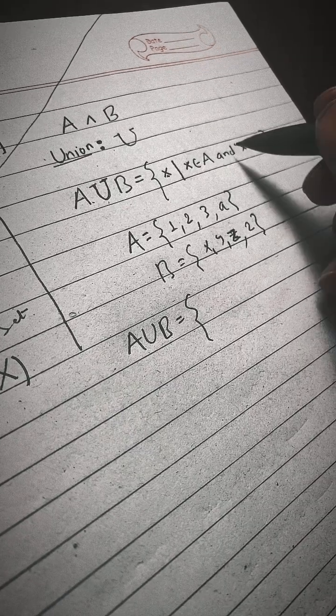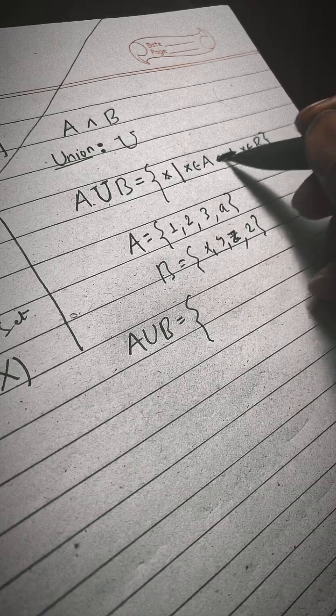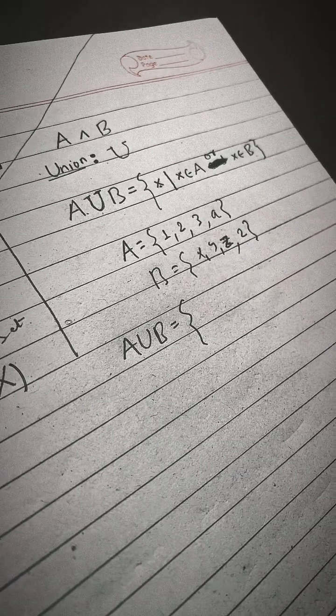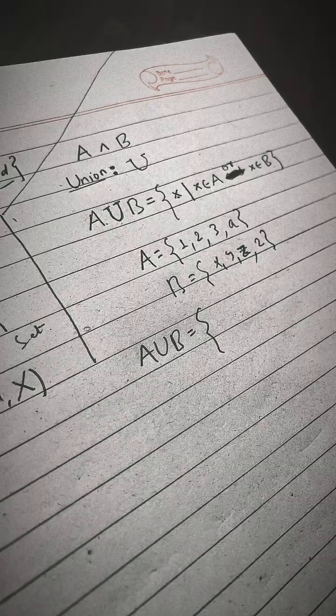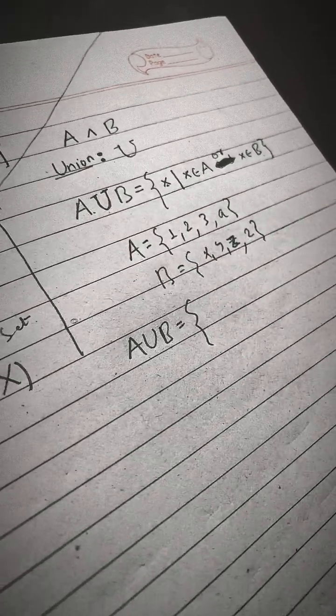Oh, I am sorry for this. This is not AND. It should be OR, not AND. So it should belong either to this or to this. So this is union.